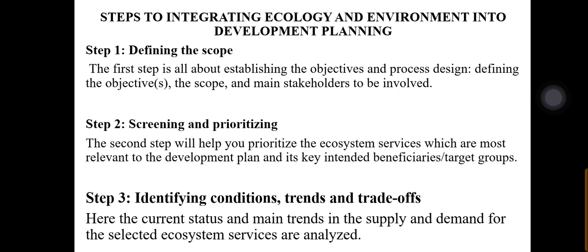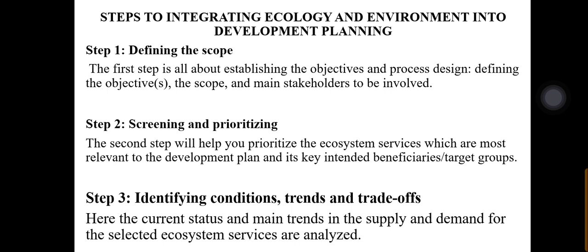Here, of course, you have to prioritize the ecosystem services which are most relevant, those considered to be sources of risk or opportunity to your beneficiaries or targeted group. So you have to find out, just like the economists say, a scale of preference: what is more important?